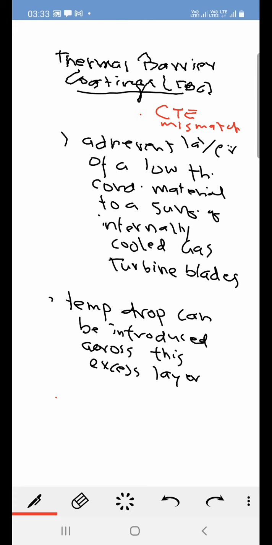By having an extra layer, it results in a reduction in metal temperature of the components to which it is applied.